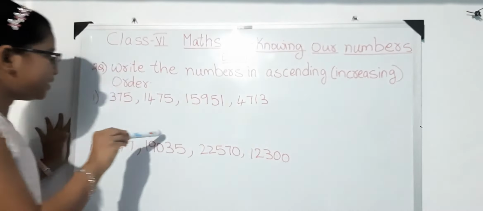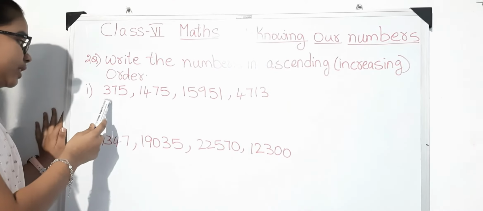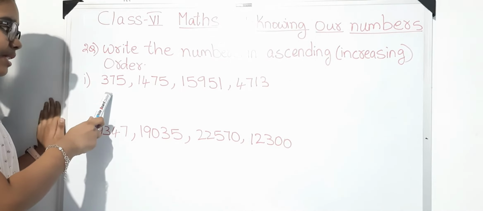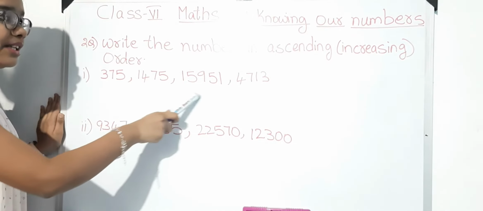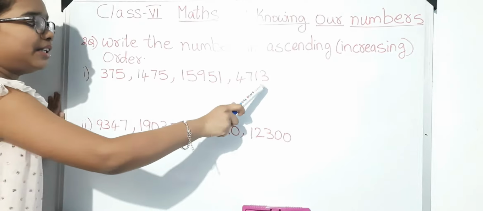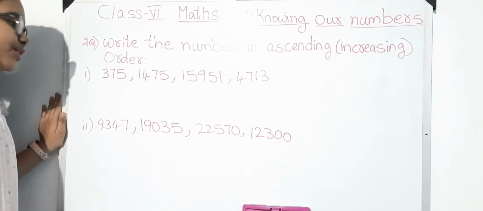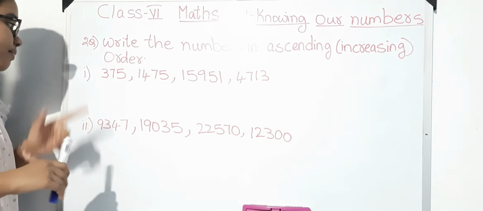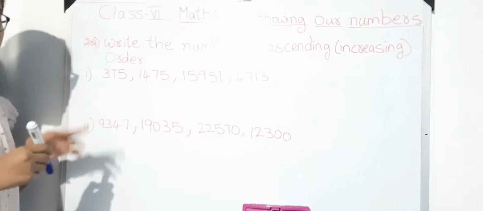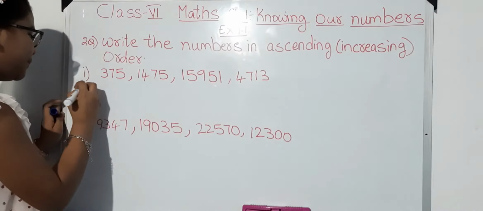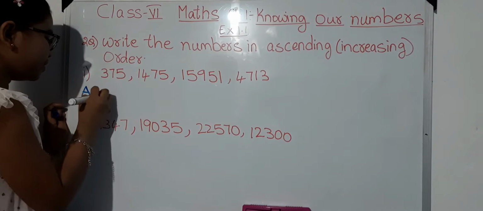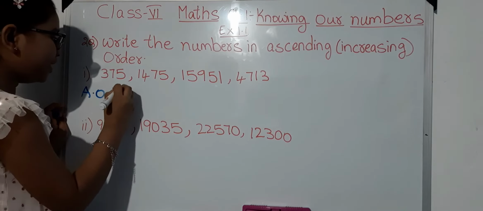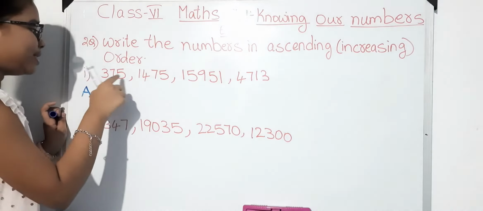Here a 3-digit number is there, here a 4-digit number, here a 5-digit number, and here again a 4-digit number. So the 3-digit number is the smallest. So for ascending order, we write 375 first.